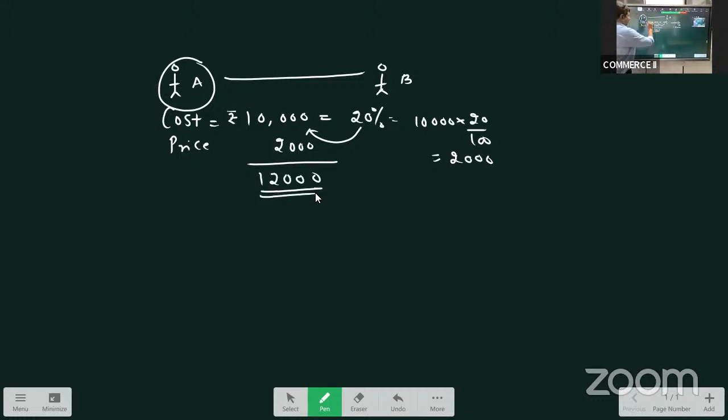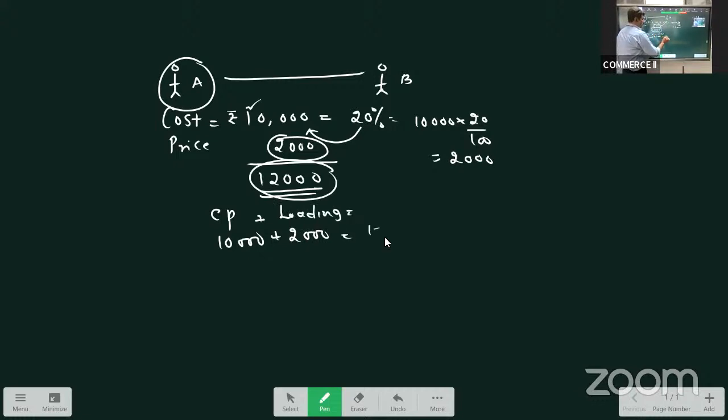What is the actual cost? It is 10,000. He is adding some excess amount, like say 2,000, and is sending the goods at 12,000. So in this case, cost price is 10,000. He is adding excess value, no? That is called as loading.